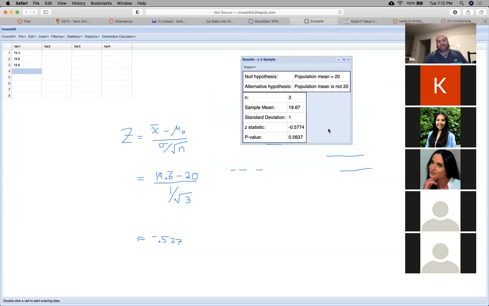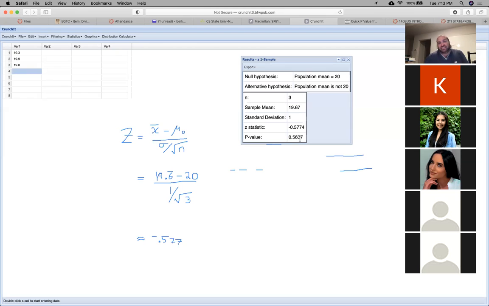And what does it tell me that my Z statistic is? Anyone? Negative 0.574, which is exactly what we had before. And what's my p-value? 0.5637.